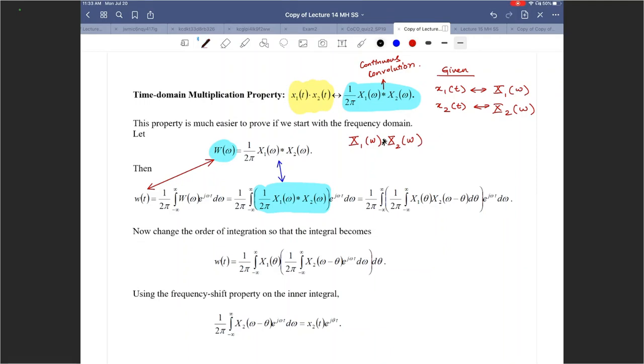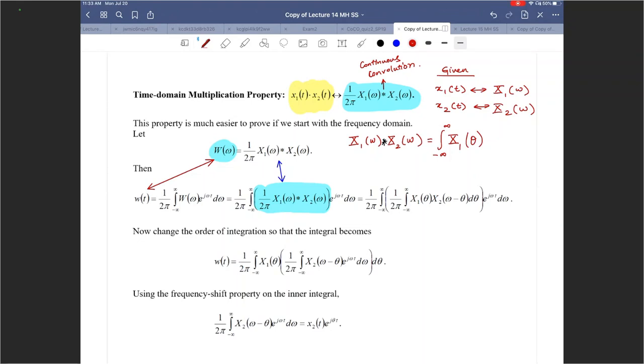I will have an integral from negative infinity to infinity. What did I have earlier? I had x of tau, h of t minus tau. Now I'm going to have x1 of, instead of tau, I'm going to use theta.